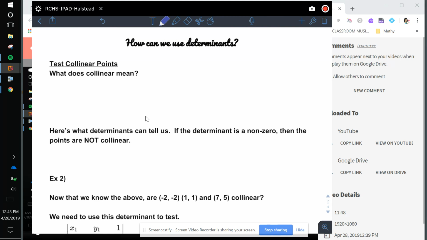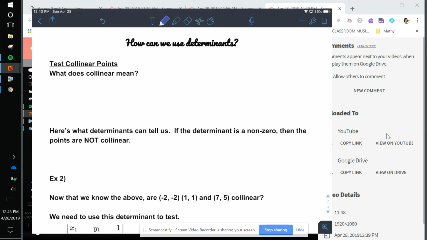The reason why we care about determinants is that we can do stuff with them. So we can test to see if points are collinear. So what does collinear mean? Collinear means that the points are all on the same line.